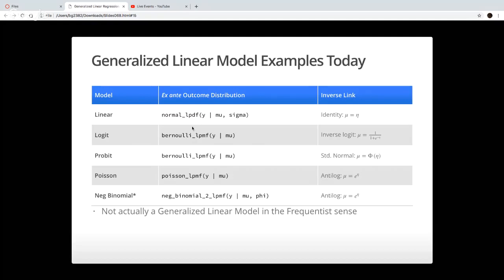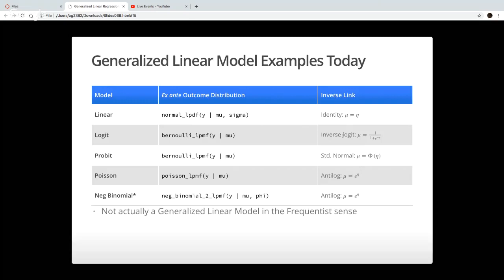For a logit model, that was with a Bernoulli or a binomial likelihood, and the inverse link function is known as the inverse logit function, where mu is equal to 1 over 1 plus e to the negative eta. So we talked about that. With the probit, all we're doing is changing the inverse link function. We're leaving the pre-data distribution of the data the same.